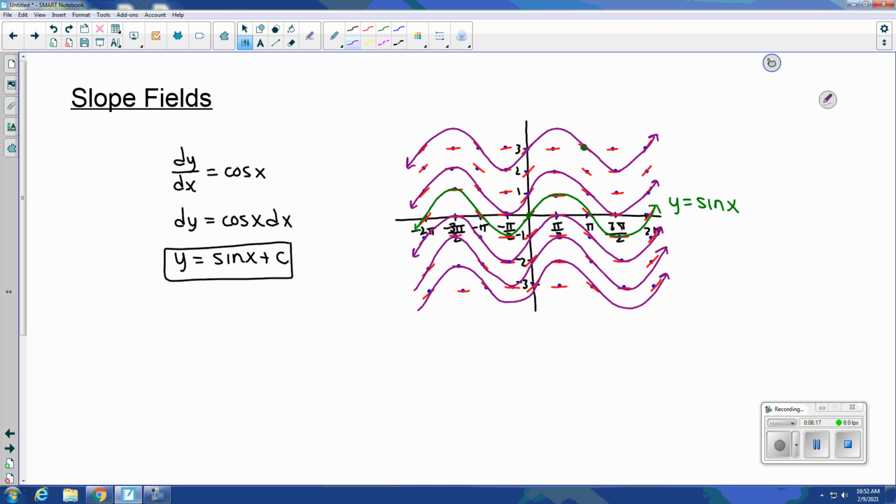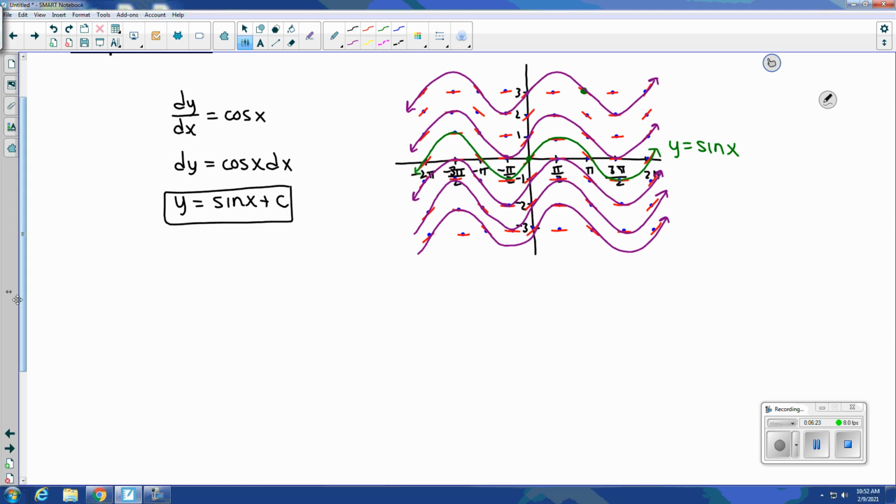If you had a slope field or a differential equation that was also dependent on y, so in this case it was just dependent on x, but just to show you, if we had dy/dx equals y cosine x instead, when we're evaluating at, say, the point (pi, 2), again, plug in pi for x and 2 for y.